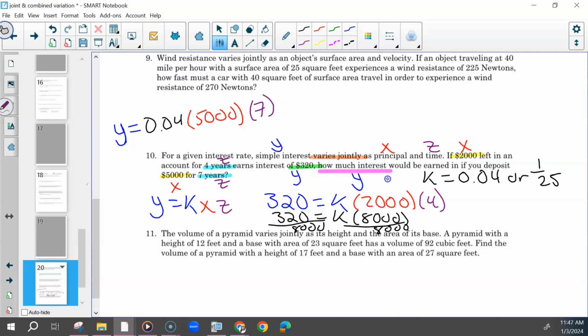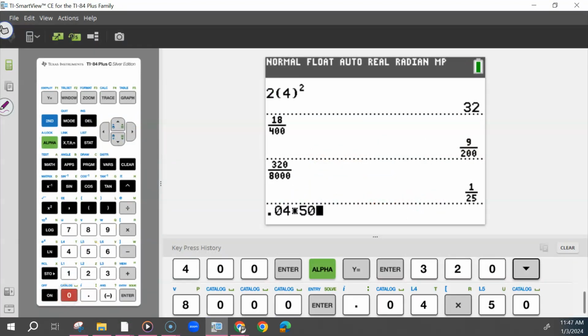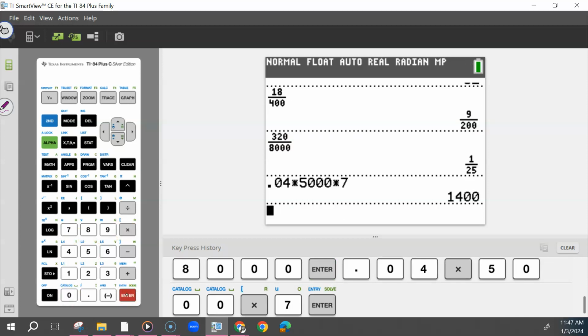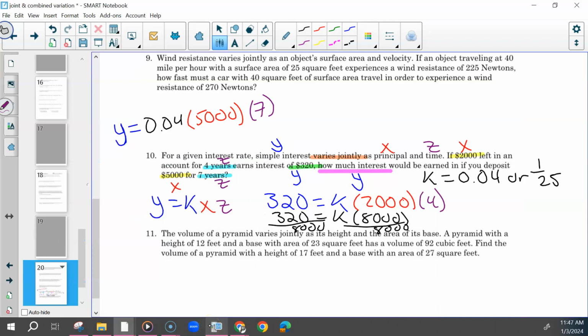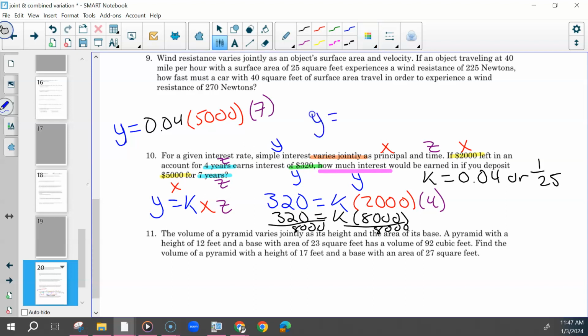Multiply those all together. $1,400. Is that what you got? 1,400 what? What is interest measured in? Dollars.